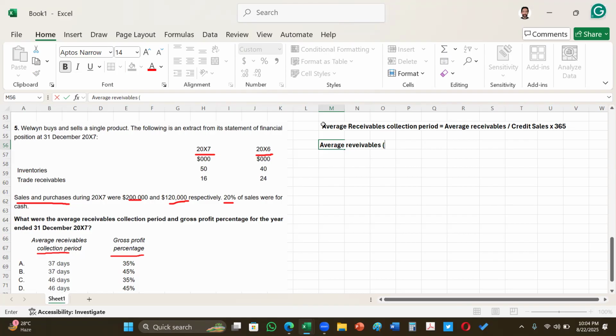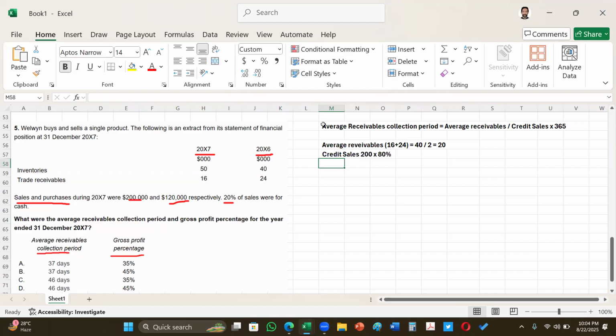The receivables are 16 plus 24. That gives me 40. Divided by 2 is 20. And my credit sales would be 200 multiplied by 80%, because 20% is cash sales.